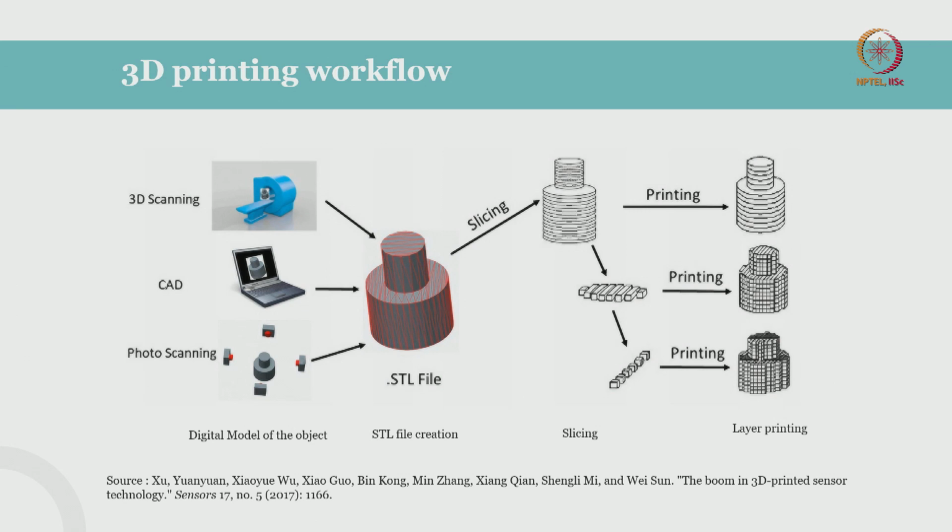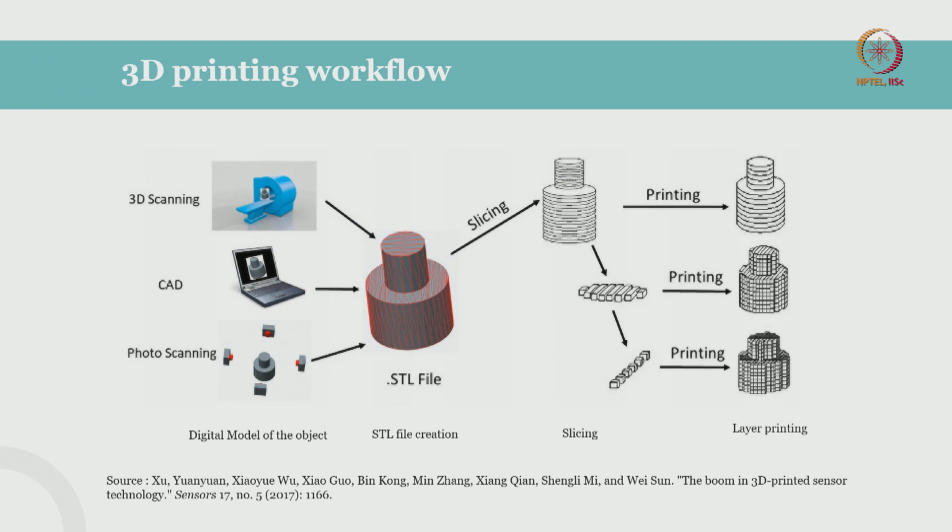Another way, you can always rely on CAD software to make it, or you can have a photo scanning booth where the object will be placed and multiple images of the object will be taken at the same time, and then we will stitch those images to make a 3D model of what is inside that booth.